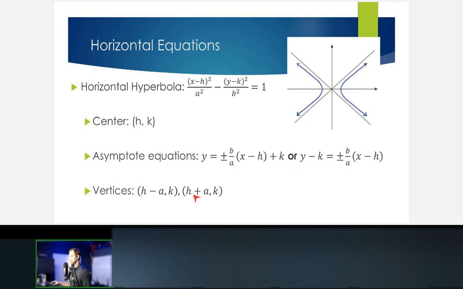So subtracting a or adding a in the x direction because it's horizontal, and that will give you the coordinates of your vertices. You just travel from the center left, and you travel from the center to the right. So there's the equations. All of you should have this written down in your notes. I will not have these on the example pages because there's not enough room.